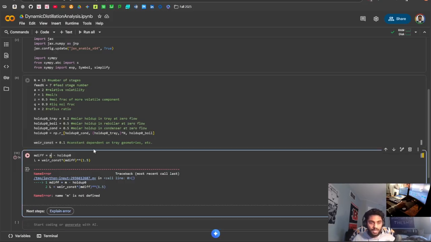And this m is going to be something that we will define later. We're going to pack that into a function, and then this m is going to be a part of that input. But essentially, this is going to be what determines our liquid flow rate.